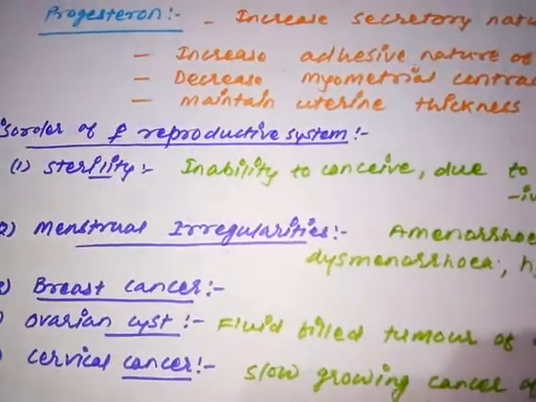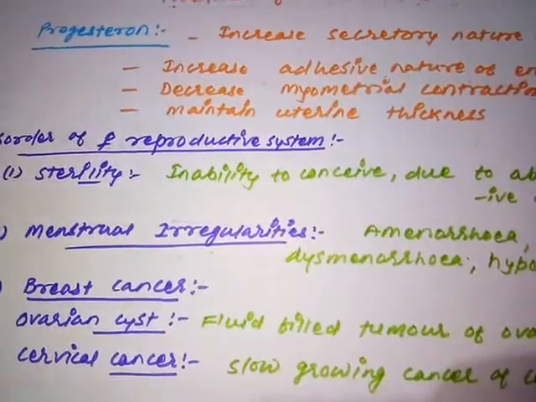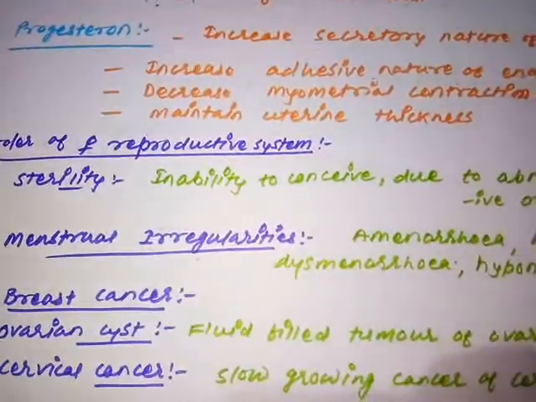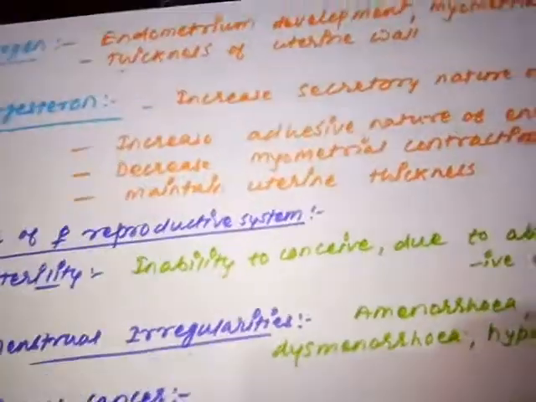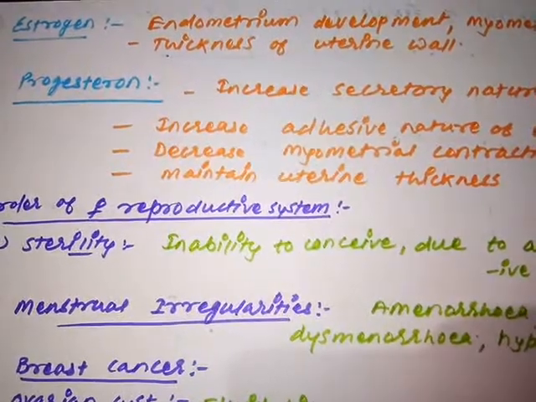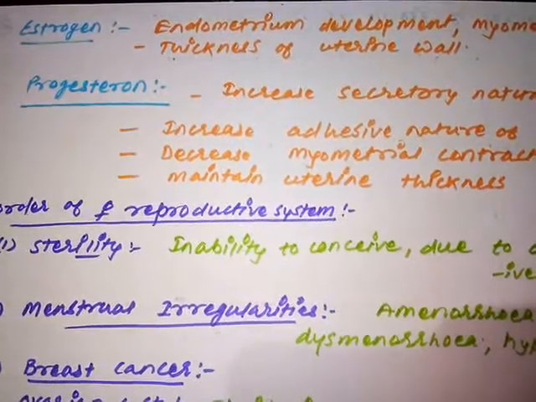Once again, I'm just going to repeat the regulation we have completed today. We have completed the regulation of the male reproductive system and the female reproductive system. In the male reproductive system, we have seen the hypothalamus releases GnRH, which acts on the anterior pituitary, which releases ICSH and FSH.